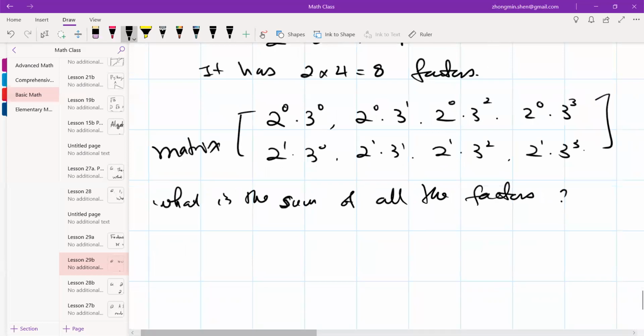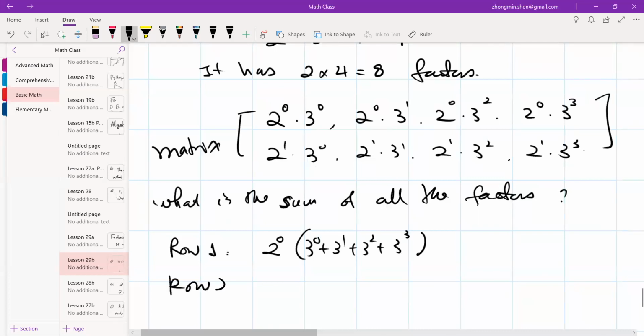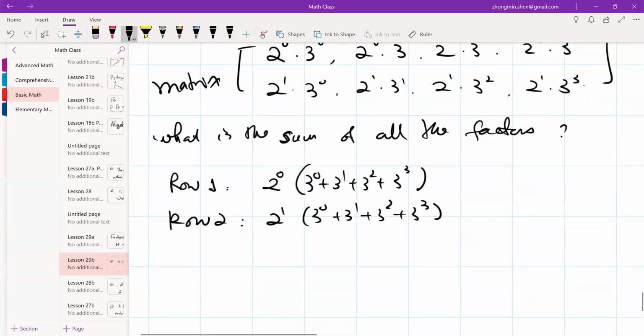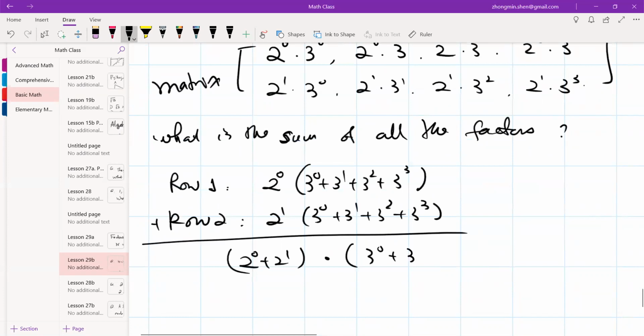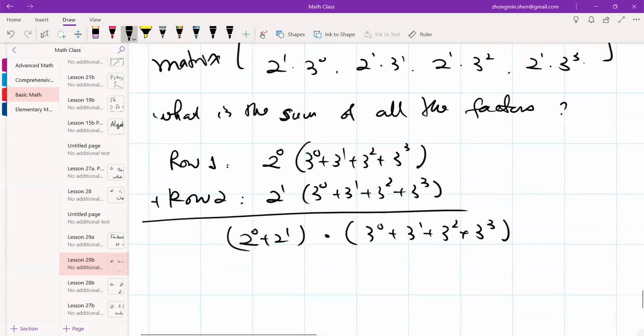So the idea is that for row 1, you have a common factor 2 to the 0, so you take it out. And then row 2, you have 2 to the 1. Then add them together, you find this is a common factor. You get 2 to the 0 plus 2 to the 1, multiplied by this common factor. Right? This is the sum.